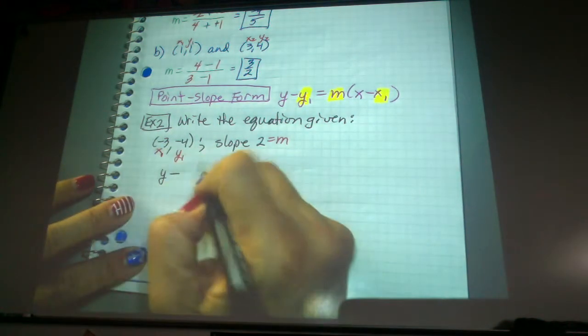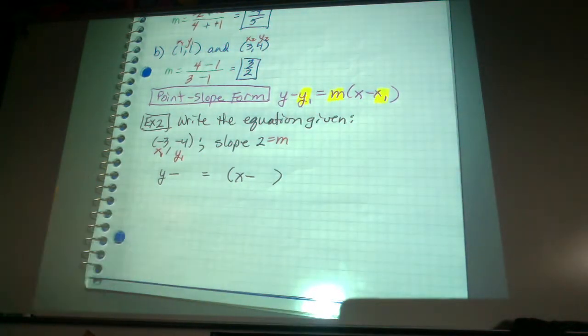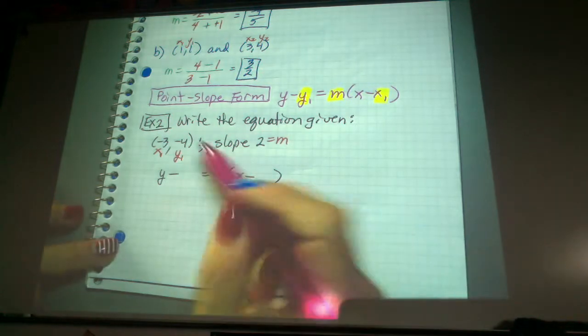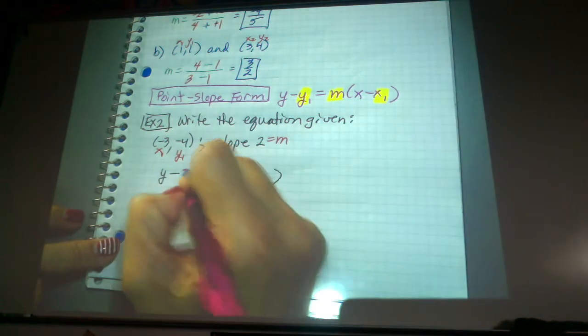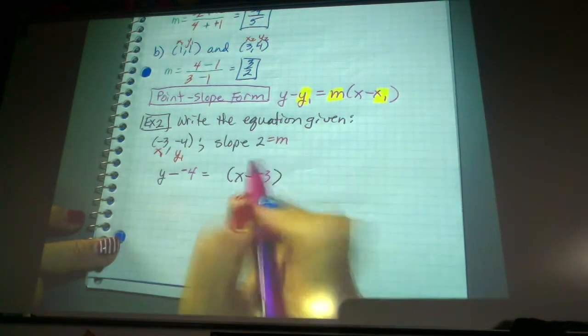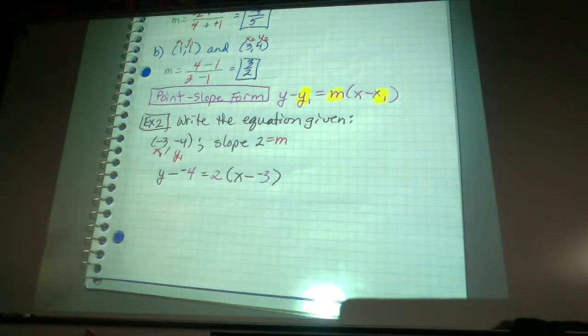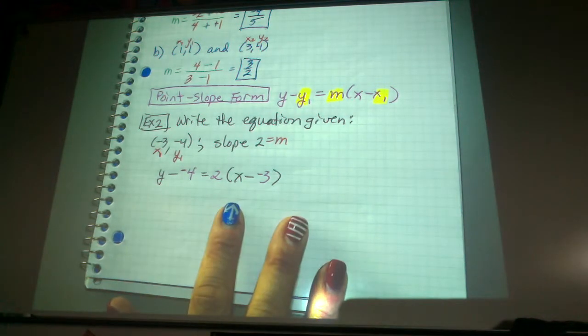y minus something equals something times x minus something. My y sub 1 is -4. My x sub 1 is -3. And my slope of 2 goes in front of the parentheses. Now you have to pay attention to how they want the answer written. If they don't mention how they want the answer written, you would have to clean this up for point slope form.